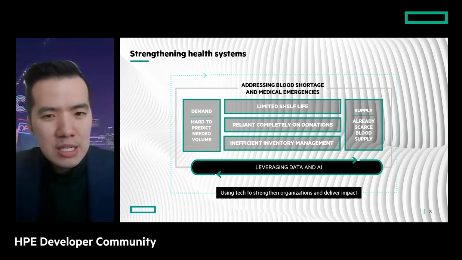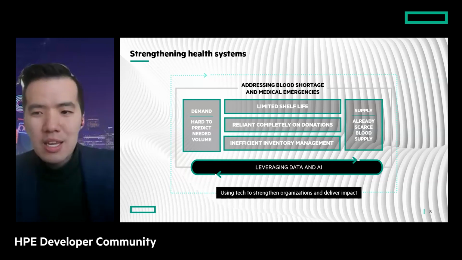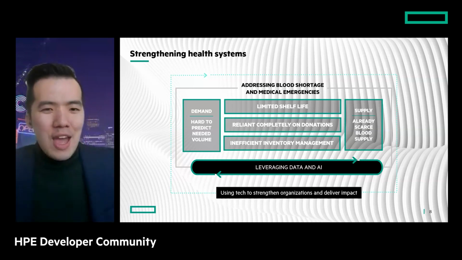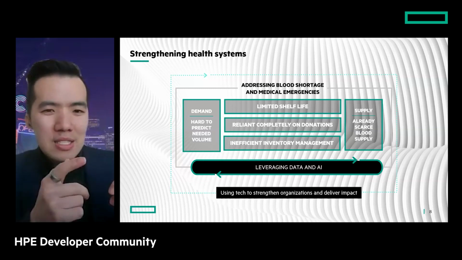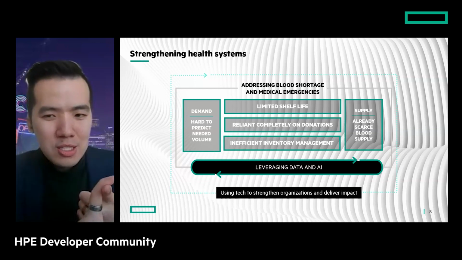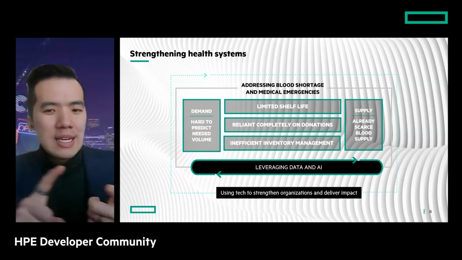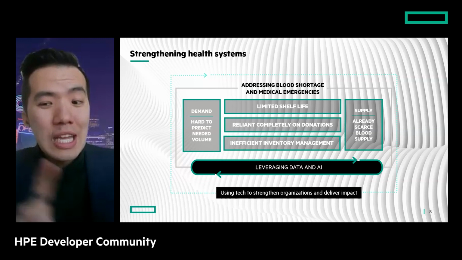So there's a supply side issue in the blood system. On the demand side, it is really hard to predict when blood is needed, where it is needed, and the volume that is needed. And then you throw in other considerations, like blood has a really limited shelf life. The whole system relies completely on donations. The inventory management system is usually inefficient, right?